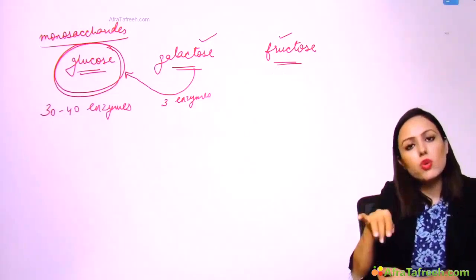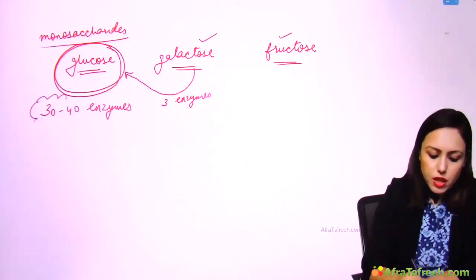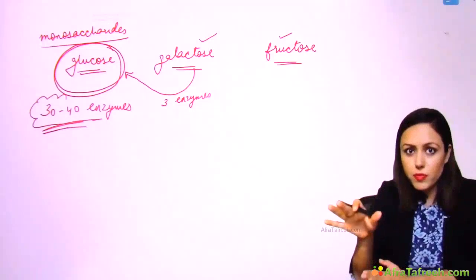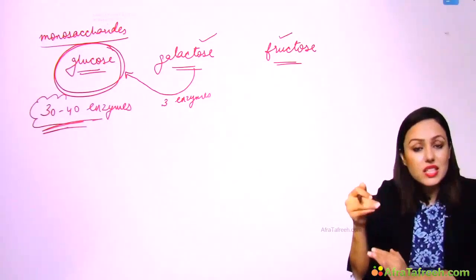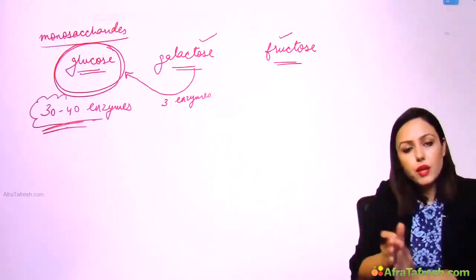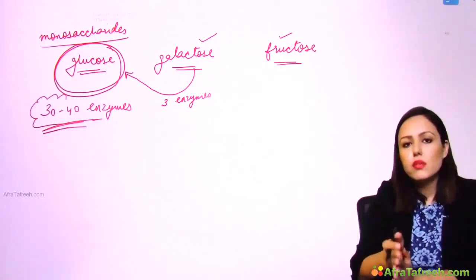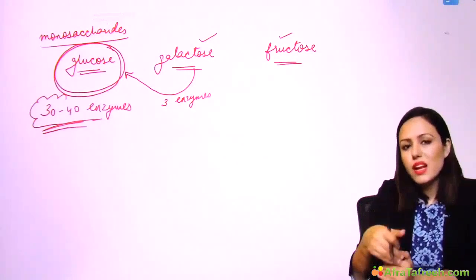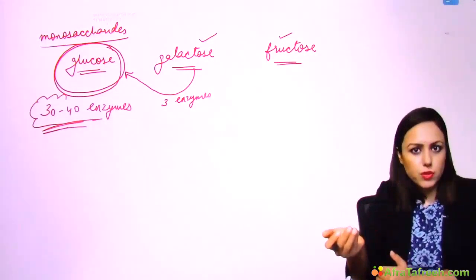But once we get glucose, then all other same 30-40 enzymes can be used which are already present in the cell, right? So this thing is in order to save energy, because making protein or enzyme is a very high energy consuming process. So cell doesn't want to waste its energy, right?